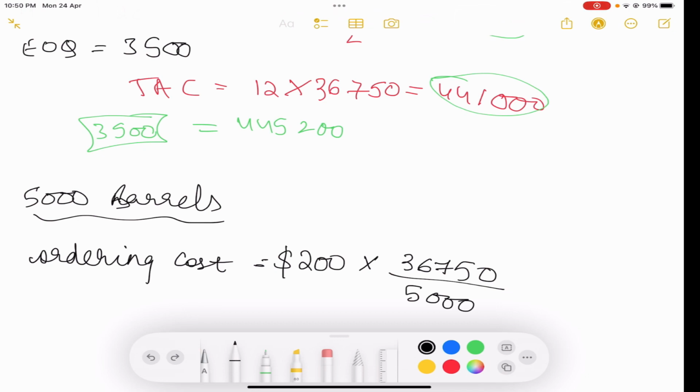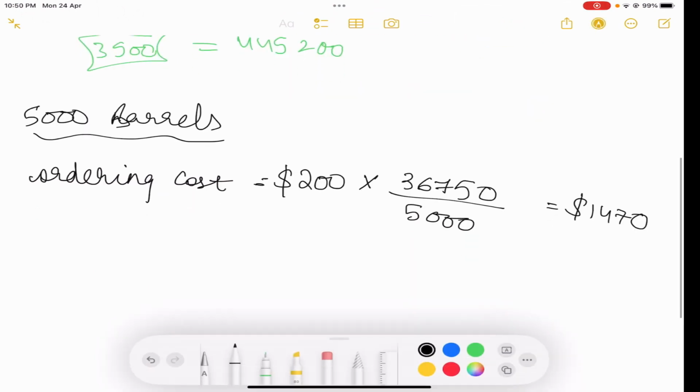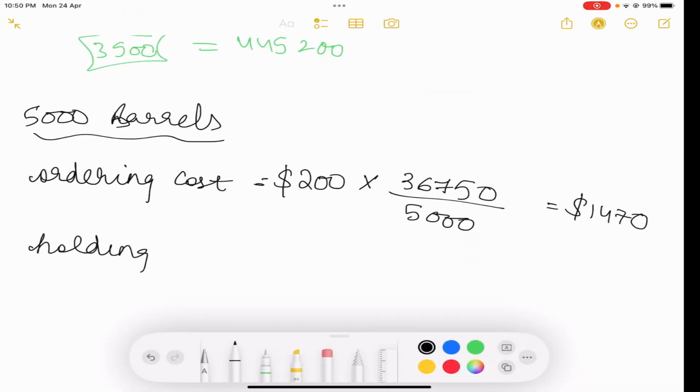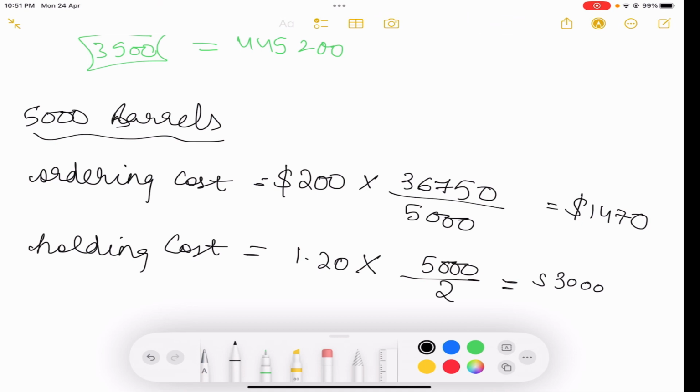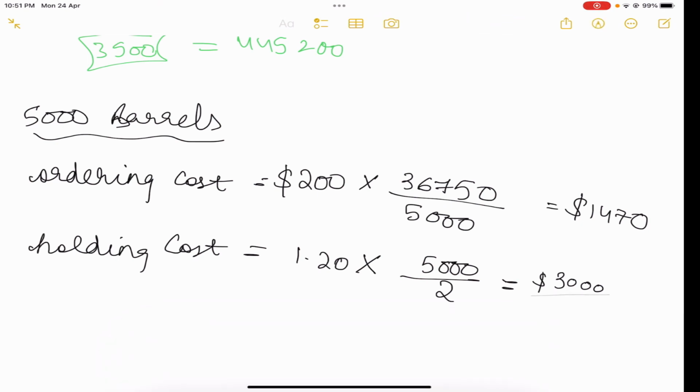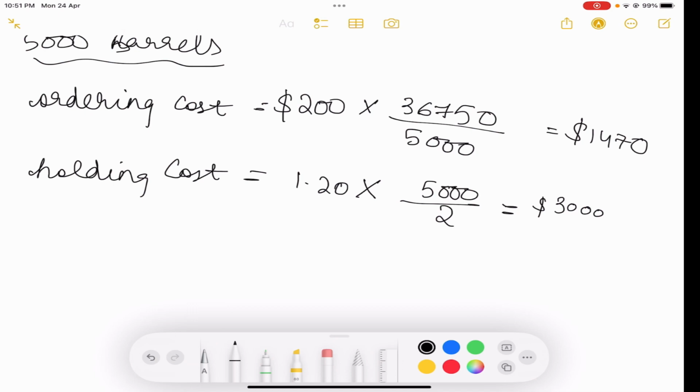Let me just calculate this. Now let me find the holding cost. My holding cost would be the cost of holding 1 unit, 1.20, multiplied by my average inventory, which would be 5,000 by 2. That would give me $3,000. And what is my purchase cost multiplied by demand? Now, where do I have to apply my quantity discount?